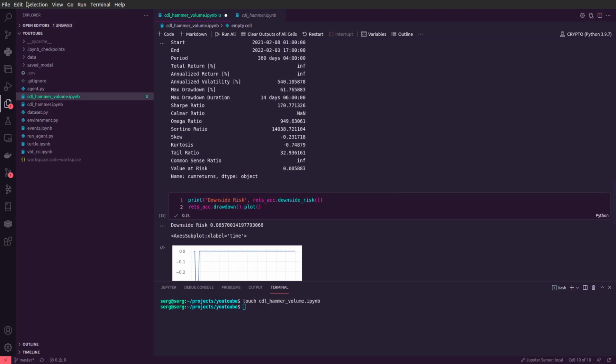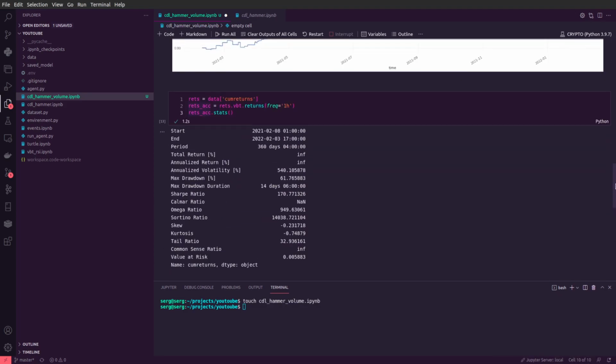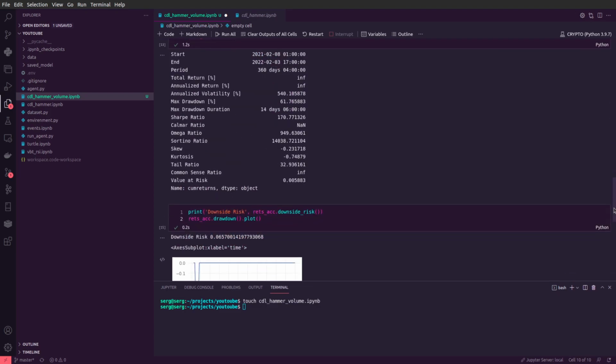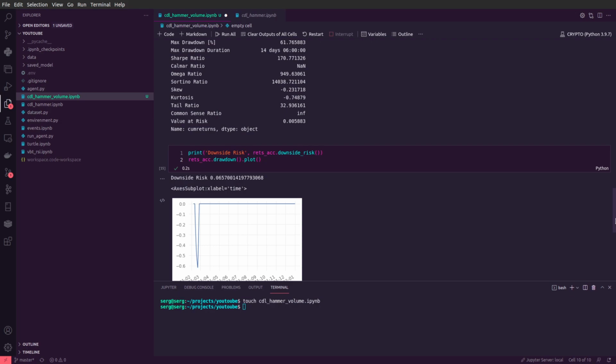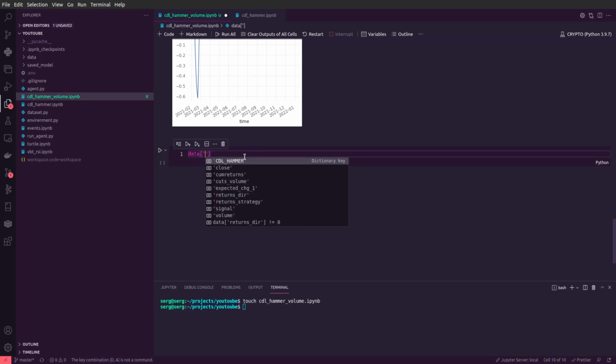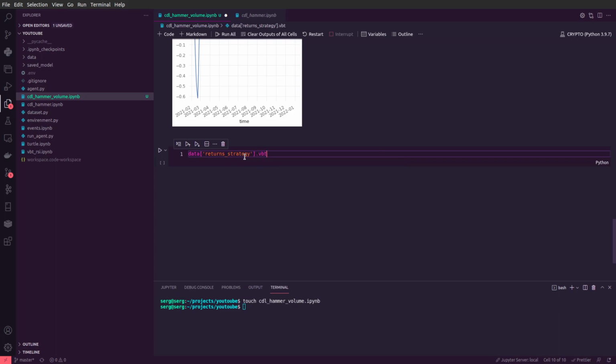Okay, so another, let's plot an additional chart. For example, I would like to compare this strategy with a benchmark. In our case it is returns of Bitcoin. It's super easy. What we need to do, we need to take our data. It is returns strategy. We need to call vbt returns.